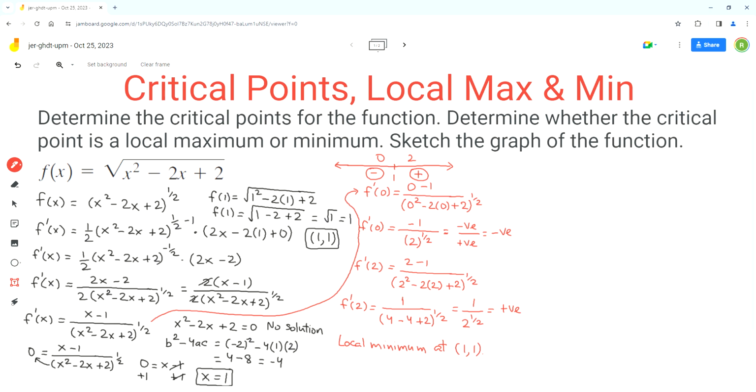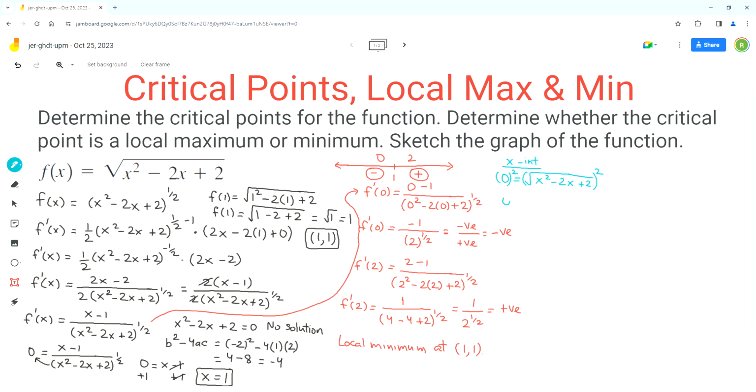For that, we should first identify the intercepts because that will make the sketch more accurate. We can start by finding the x-intercept of this given function. For the x-intercept, we sub in the function value equal to 0 and solve for x. We get 0 equals the square root of x squared minus 2x plus 2, and now we can square both sides to get rid of the square root.